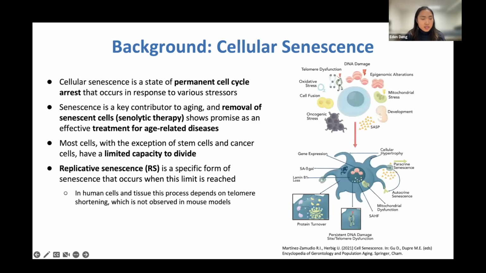So cellular senescence is a state of permanent cell cycle arrest, and it's been implicated as a key contributor to aging. There's recently been a large body of evidence suggesting that removing senescent cells through senolytic therapy might be an effective treatment against a lot of different age-related diseases.